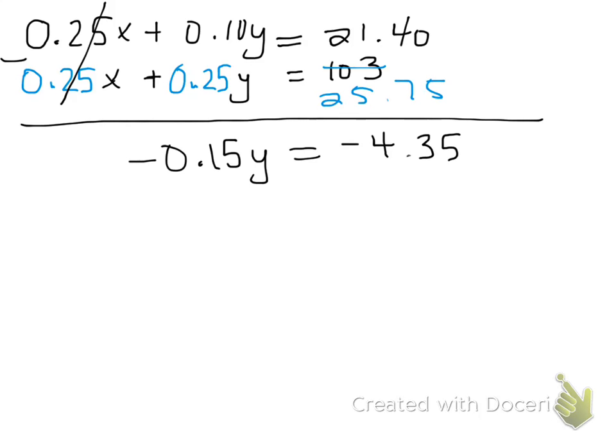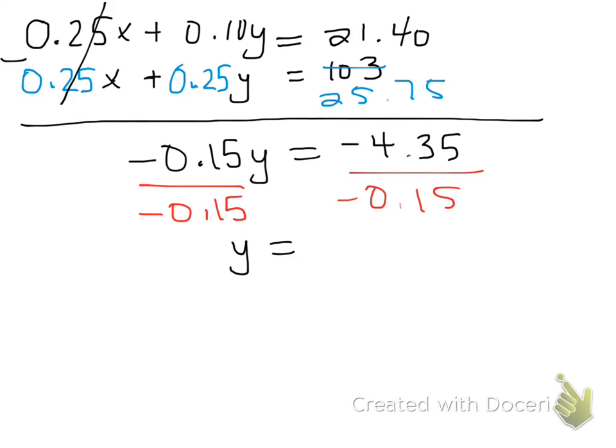All I have to do now is divide by the coefficient in front of y on both sides, basic rules of algebra, to solve for y. So that number divided by negative 0.15 is 29. So there's a total amount of 29 dimes. So from my previous information, I know that x plus y is 103.